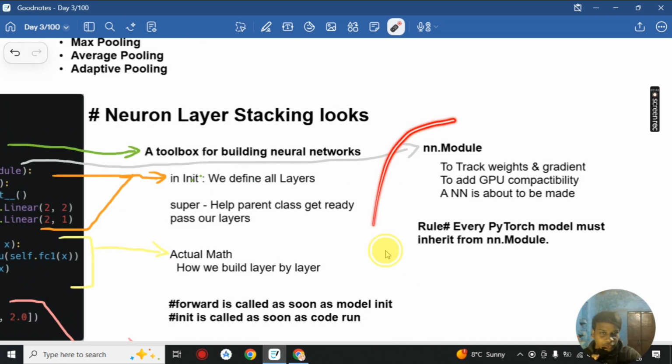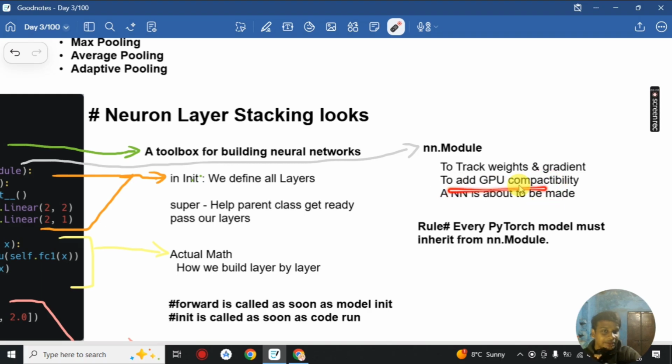Now you may be asking what the module is. Basically, module here tells PyTorch to track the weights and gradients inside this class. Whatever neural network we build in this class, it will keep tracking the weights and gradients automatically.